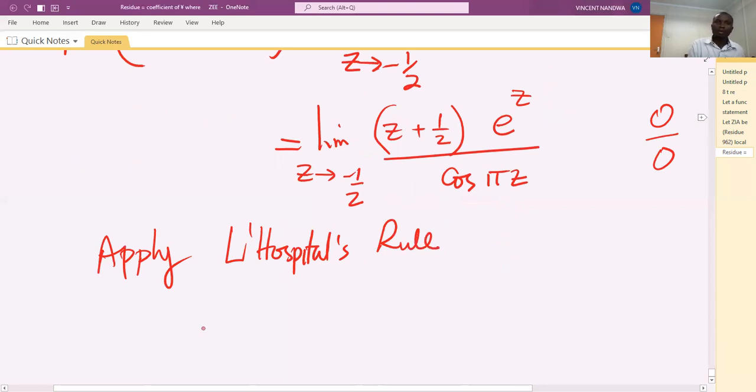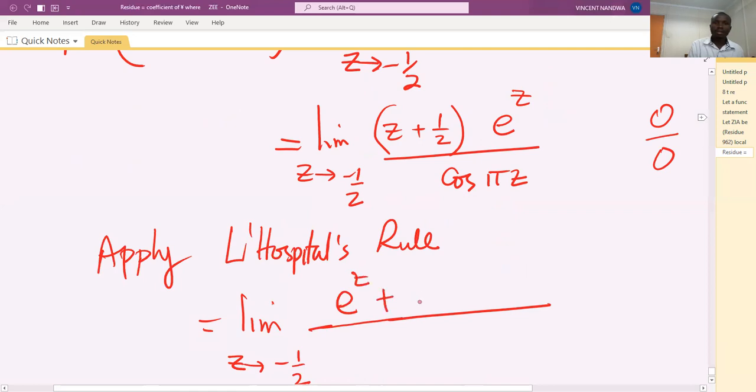So we'll have the limit as z approaches minus a half. To differentiate the numerator, use the product rule. The derivative of this is 1, so e raised to the power z plus, the derivative of this being e raised to the power z, times (z plus a half). The derivative of the denominator is negative pi sine of pi z.